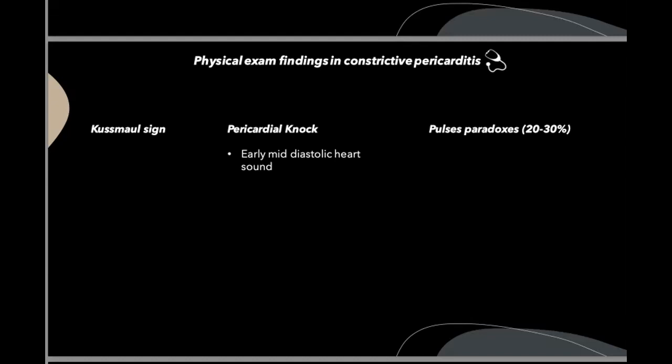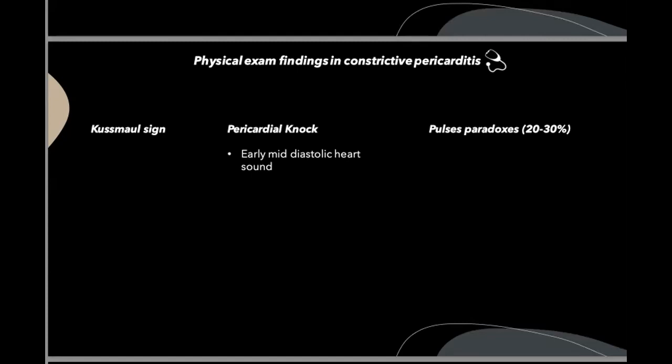So after S2 we will have an early to mid diastolic heart sound. And then we will have pulsus paradoxus, which is actually not very important when it comes to constrictive pericarditis, because you can only see it in around 20 to 30% of patients, which does not actually give you a definite finding of constrictive pericarditis.